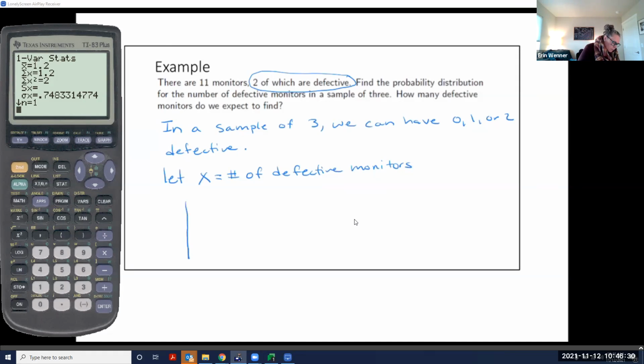And the other way we can do a probability distribution is horizontally. So if we have X sub i, we have 0, 1, or 2. And then the probability of that possibility, which is X equals X sub i, and we need to find those probabilities.